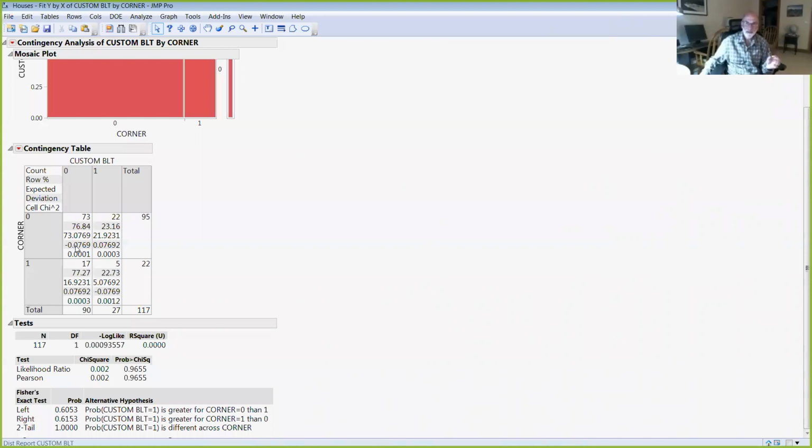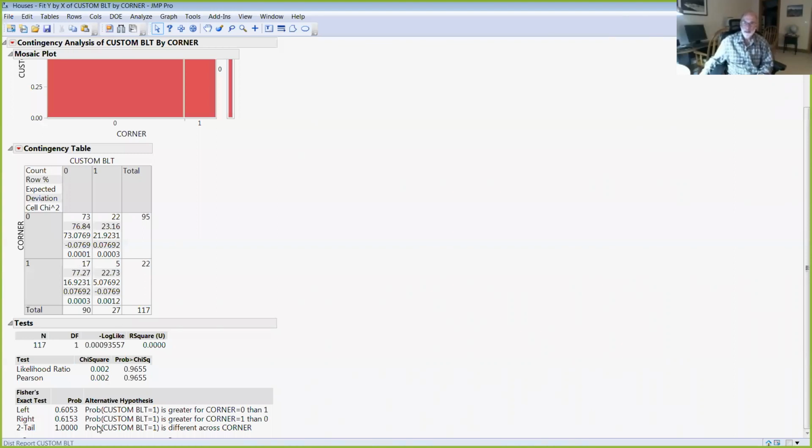What is that deviation divided by the expected number, squared? So we're looking at minus 0.0769 divided by 73.07 and squaring it.